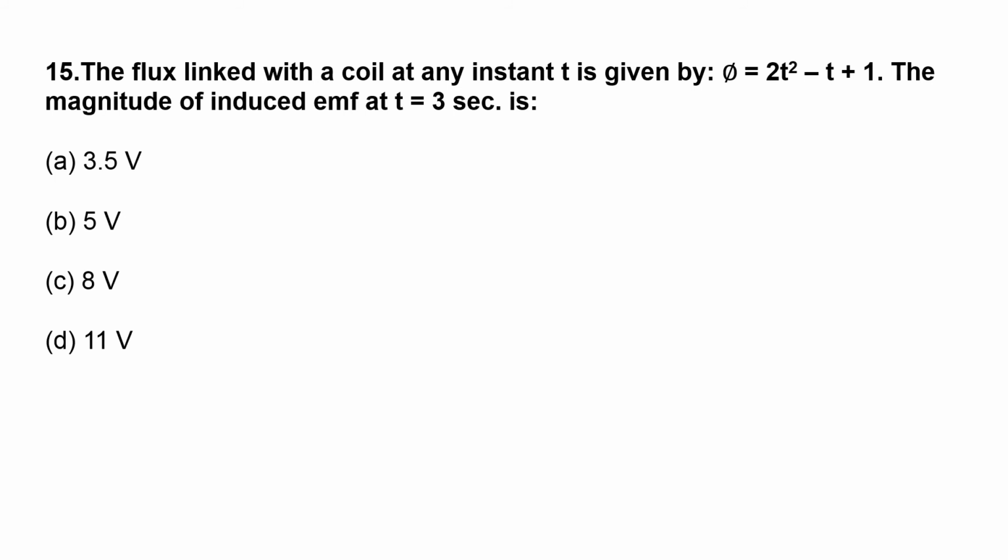You know the formula for induced EMF from Faraday's law of electromagnetic induction, that is epsilon is equal to minus d phi by dt. Phi is equal to 2t square minus t plus 1. While differentiating this phi, you get 2 into 2t.